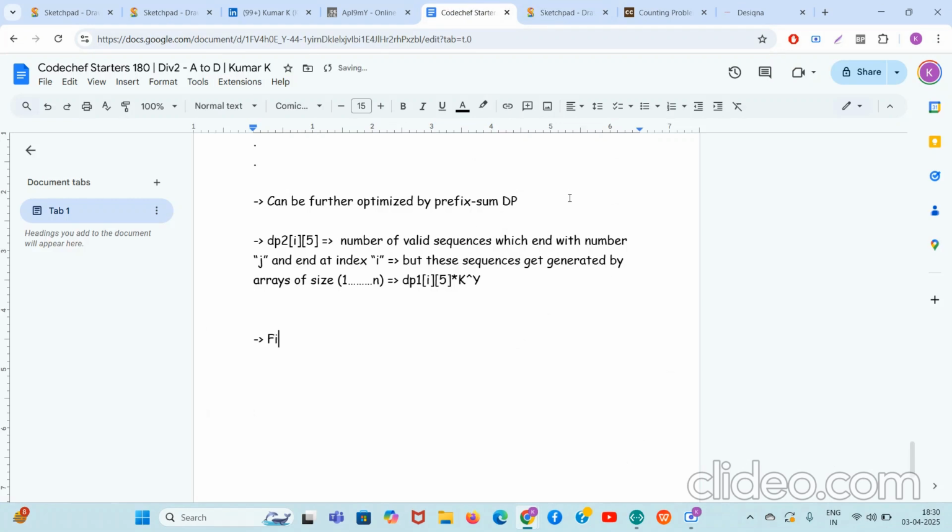The final answer will be nothing but the summation. That is, all the sequences generated by all the arrays which end at index 1 with the value of 1, plus all the strictly increasing sequences generated by all the arrays of all the types at index 1 with the value 1.